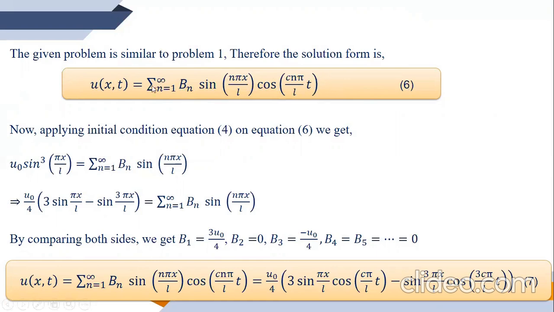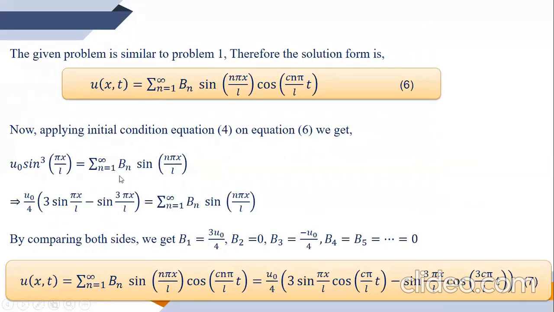So in this solution, we apply the initial condition 4 on equation 6. The condition 4 is u(x,0) is equal to u0 sin cube(pi x by L). So u0 sin cube(pi x by L) is equal to the summation n is 1 to infinity bn sin(n pi x by L) into cos 0, which is 1. So we get this form.